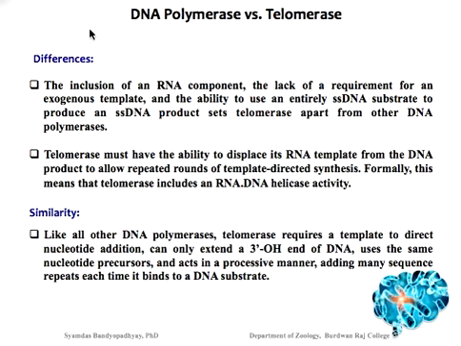In this section you will find the difference between DNA polymerase and telomerase. For example, the telomerase contains an RNA component which DNA polymerase does not, and then a lack of the requirement for an exogenous template. That means telomerase already contains the template. It does not require an exogenous template. However, DNA polymerase does require an exogenous template. Third, the ability to use an entirely single-stranded DNA substrate.